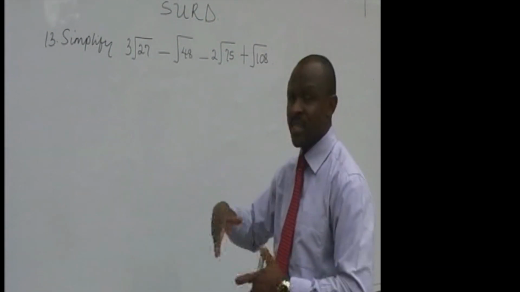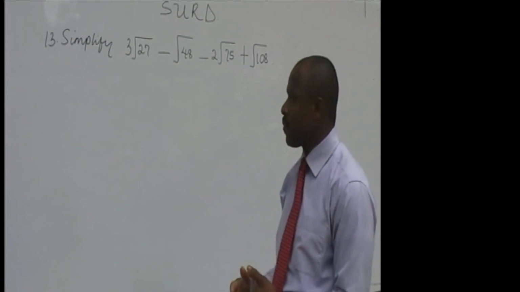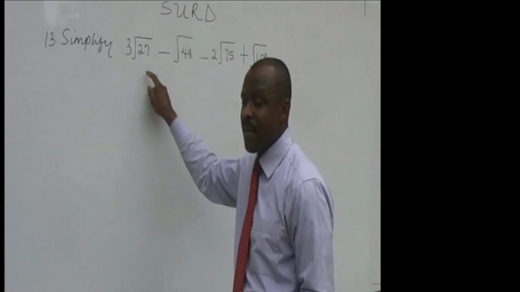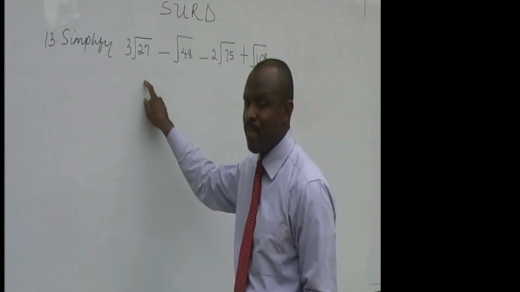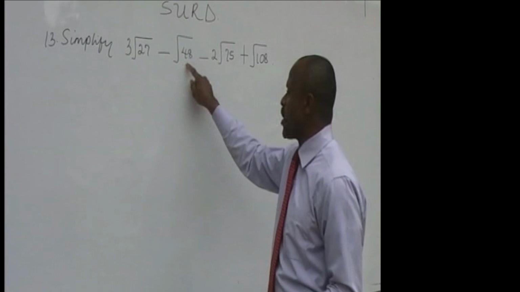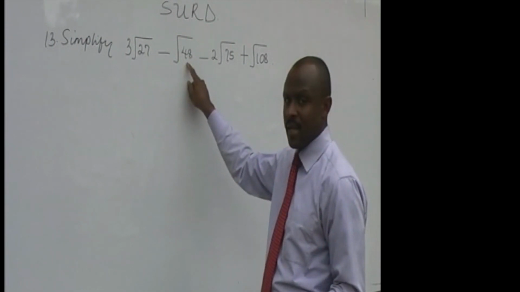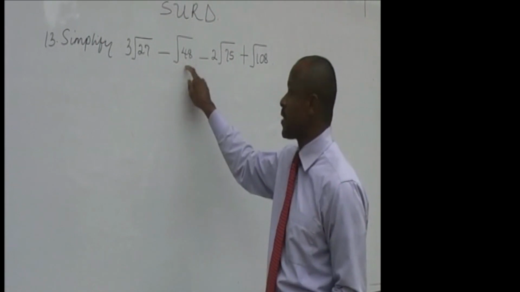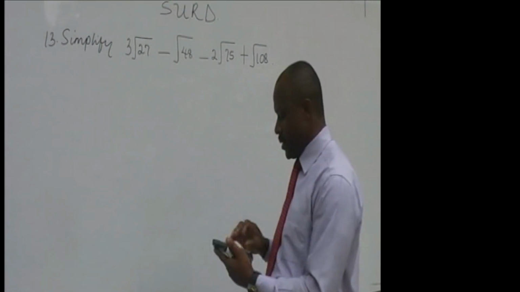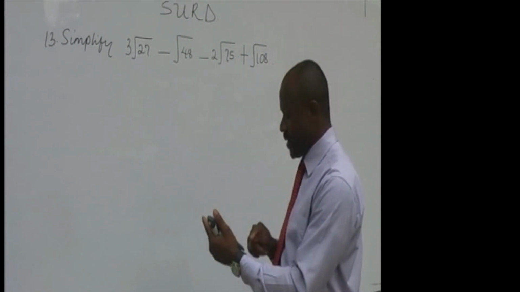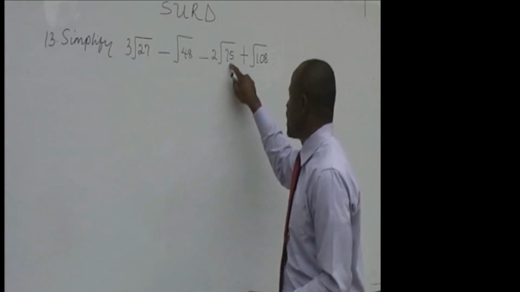As the question says, you should simplify them. You know that 27 is 9 times 3, and 9 is a perfect square. Now think of how you multiply 3 by something that is a perfect square to get 48. Simply divide 48 by 3. I think it will give you 16. Let's try.